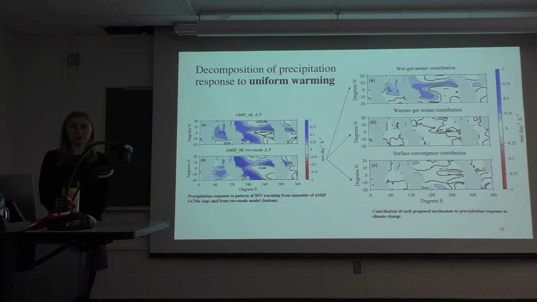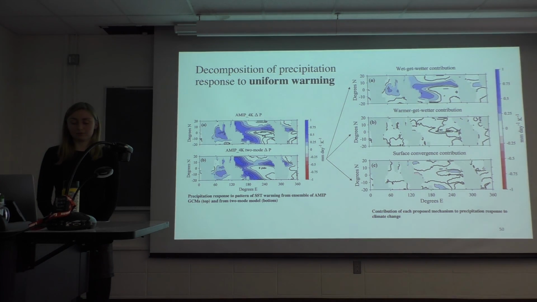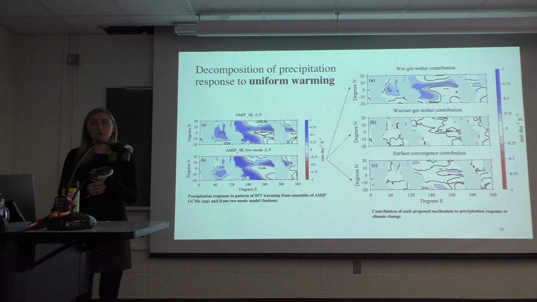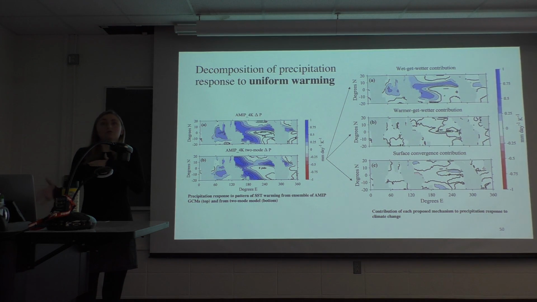Yes, this is an interesting debate. I think you're bringing up a good point: we're studying the link from SST to precipitation, as opposed to precipitation and the atmosphere in general feeding back on the SST. That's absolutely right. We're studying one direction of a two-directional problem.